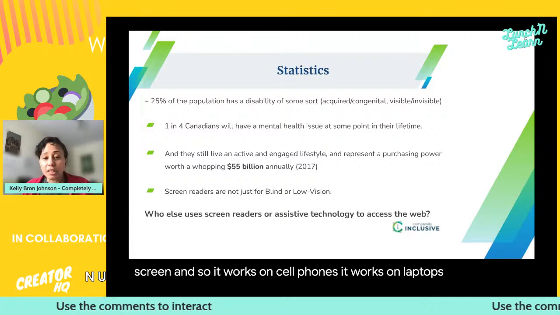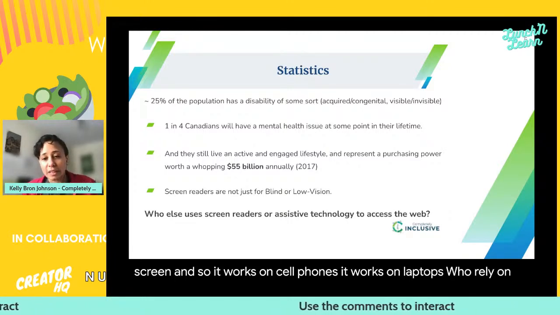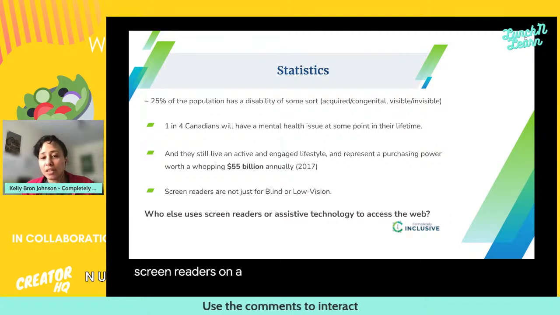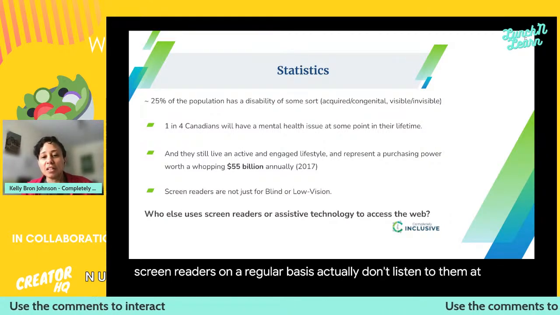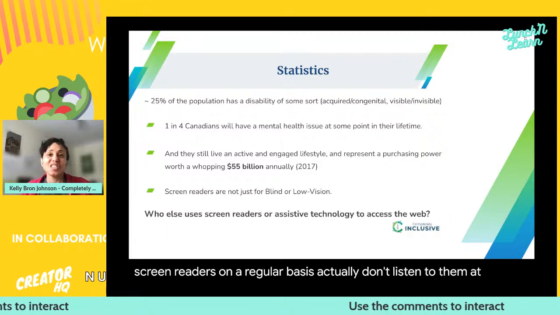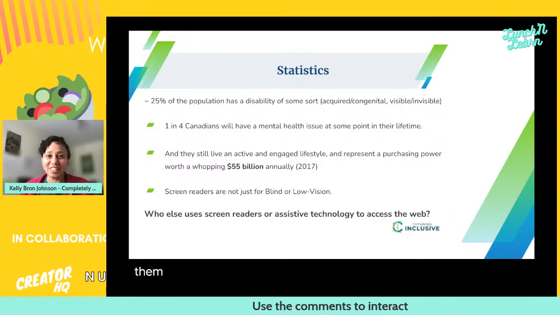And typically, people who rely on screen readers on a regular basis actually don't listen to them at regular speed. They listen to them extremely quickly.